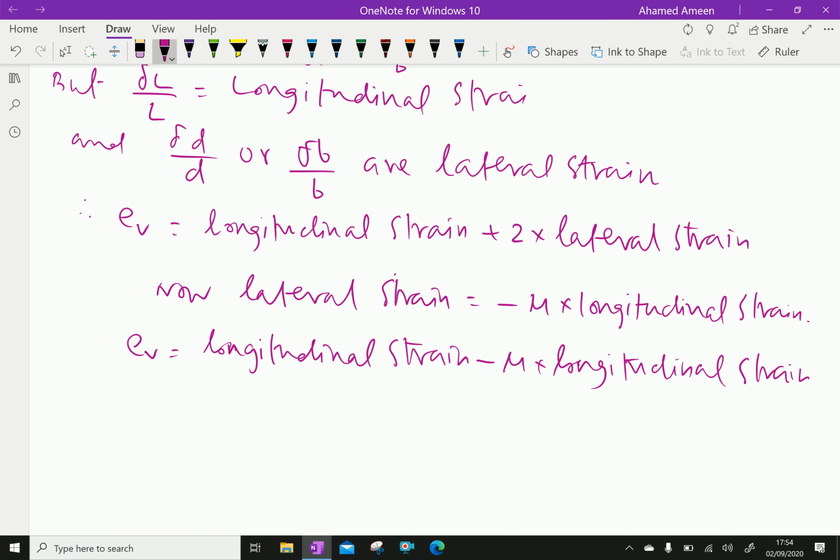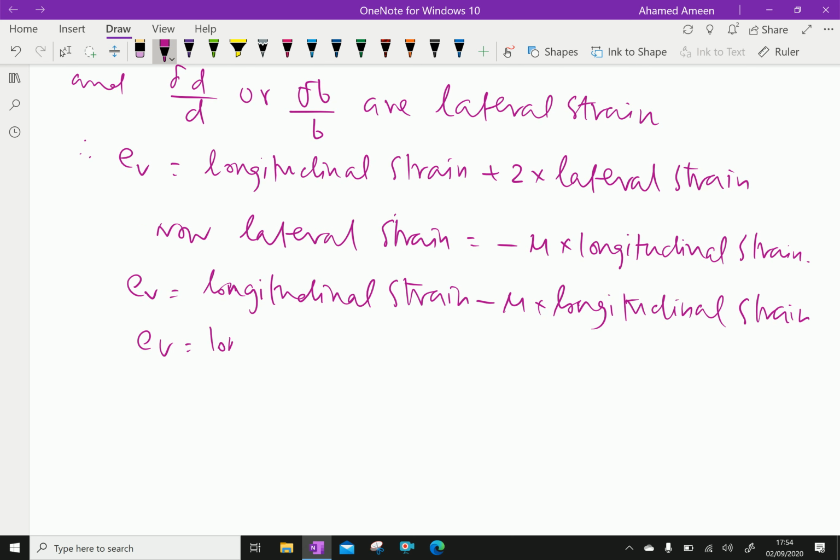Taking longitudinal strain common, EV equals longitudinal strain into 1 minus 2 mu.